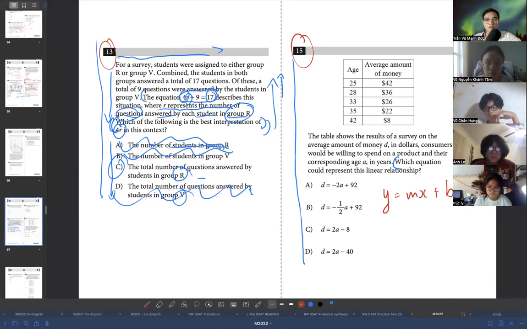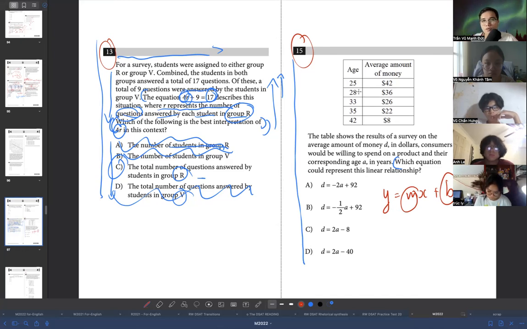Exactly. So this is what I would usually do. I don't know if you have another way, but the thing I want to look for is the slope first, right? And the second thing to look for is the b. But these two are in an equation, so I can make this a system of equations. I'll show you what I mean.